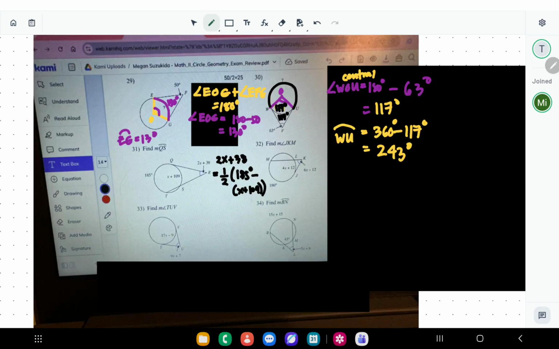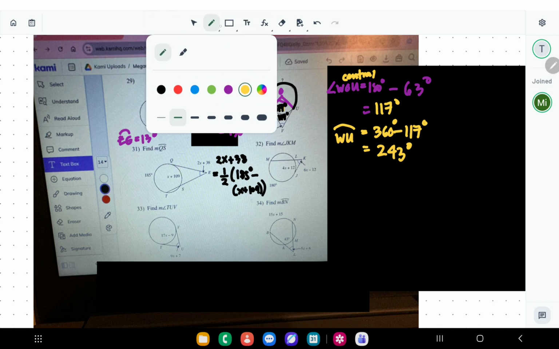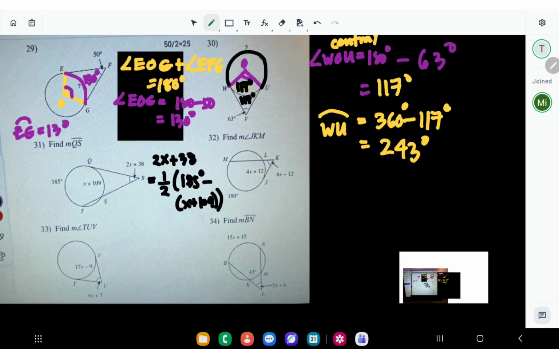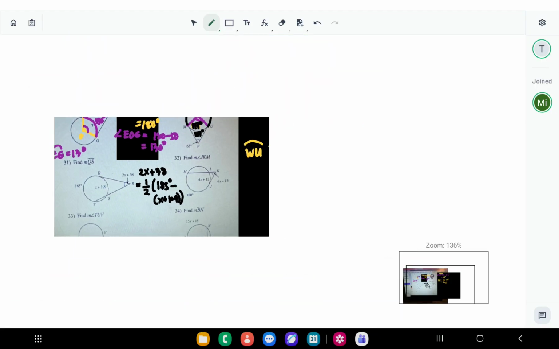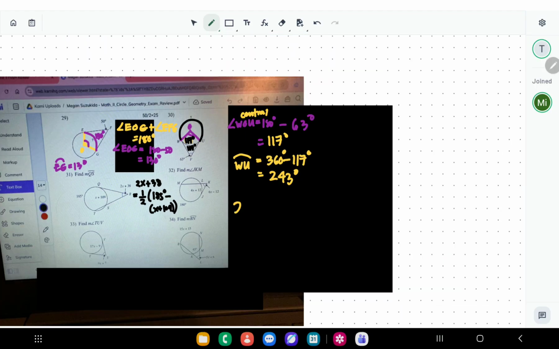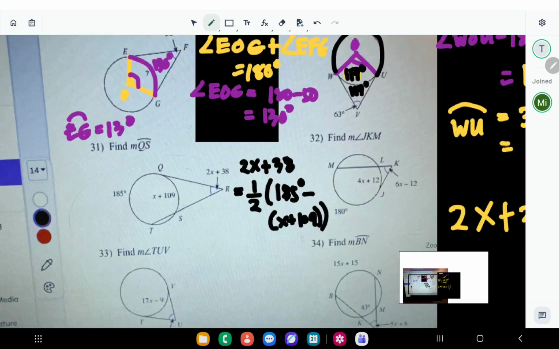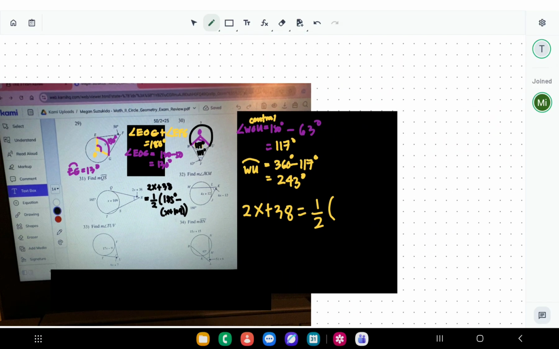Or maybe I'll just write it here on the right. So the external angle, which is 2x plus 38. So that is 2x plus 38 is equal to 1/2 of the difference between the major arc. So the major arc here is 185.